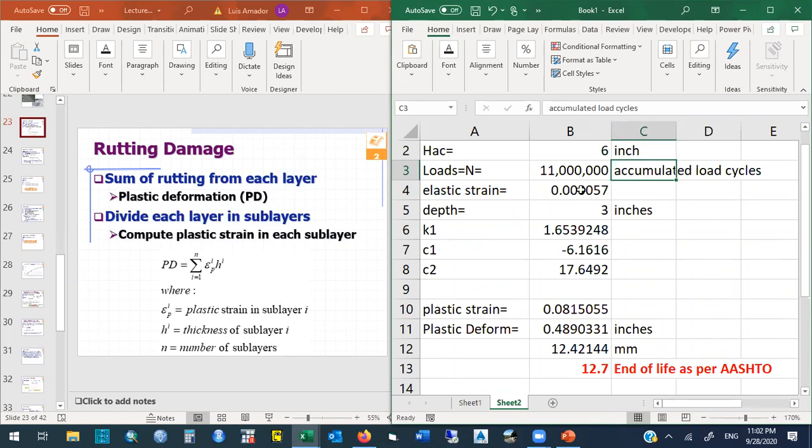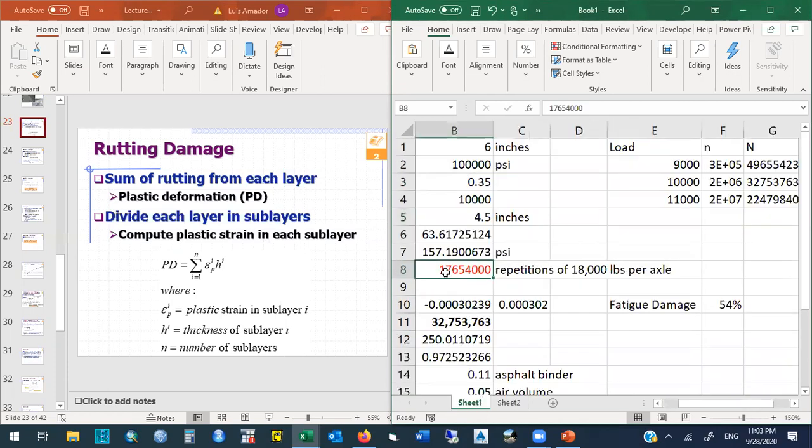Do you guys realize that this elastic strain is coming from a similar analysis as we did before, where you have the amount of load of the axle and the area of application and so on and so forth? So it's similar to this.